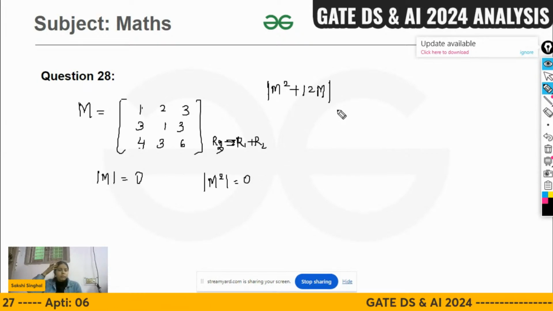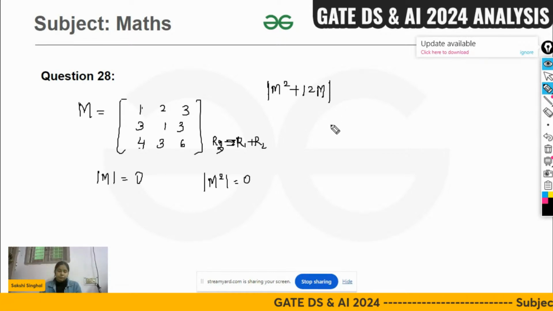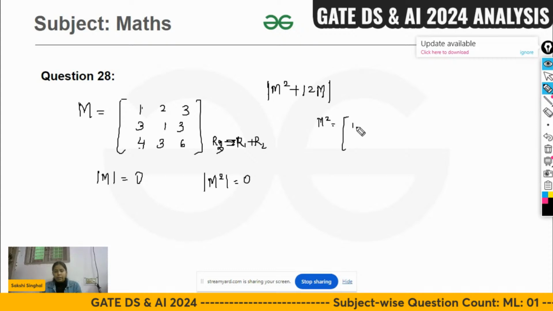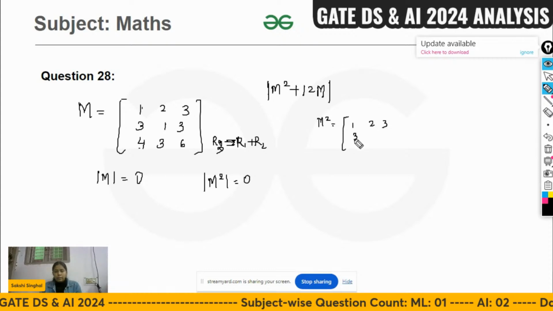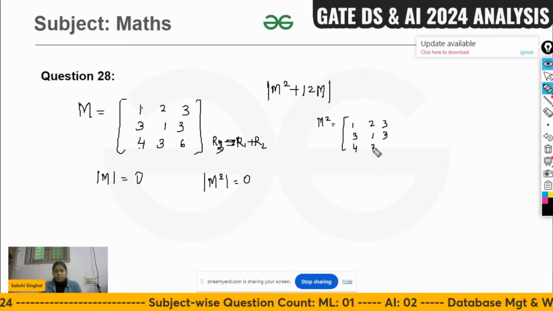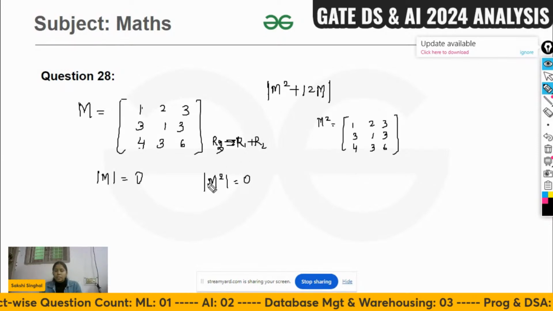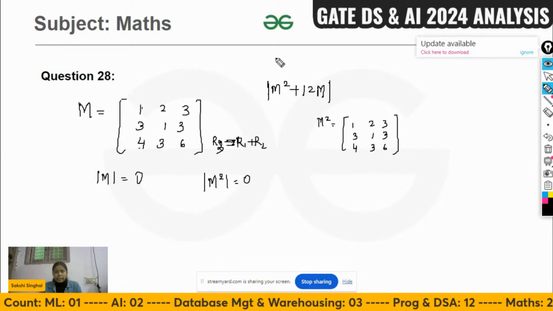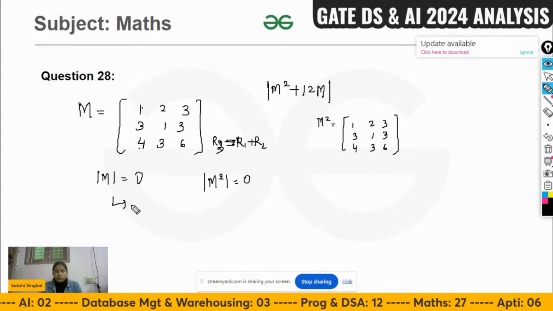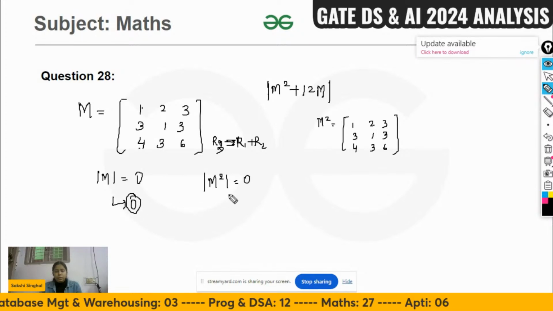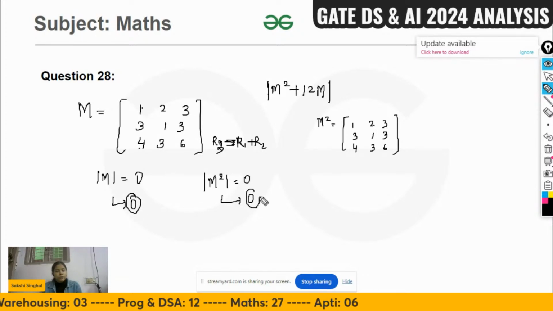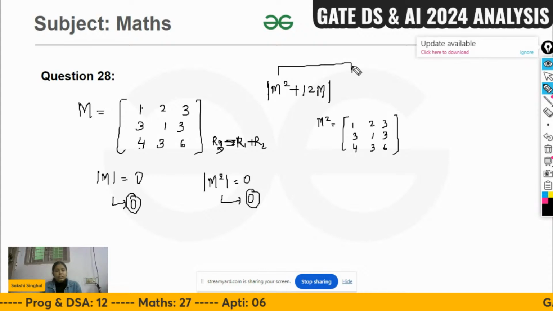So which of the options would be correct? Suppose I find M square. Okay, instead of doing that, can I say that one of the eigenvalues for this matrix would always be 0?